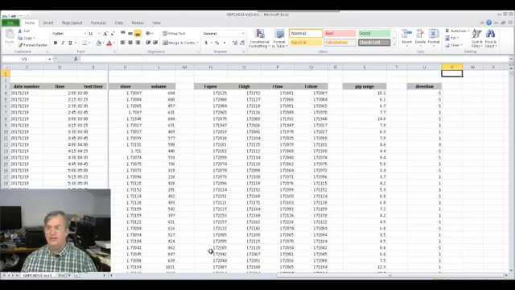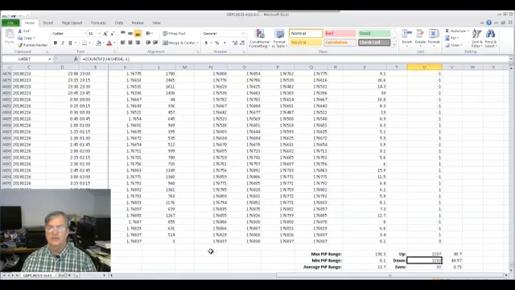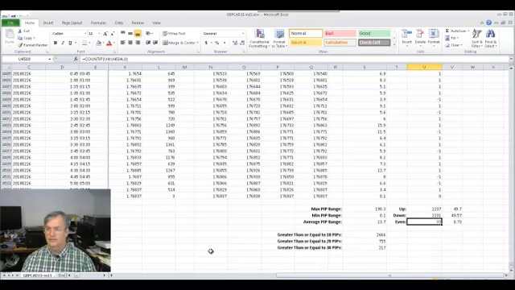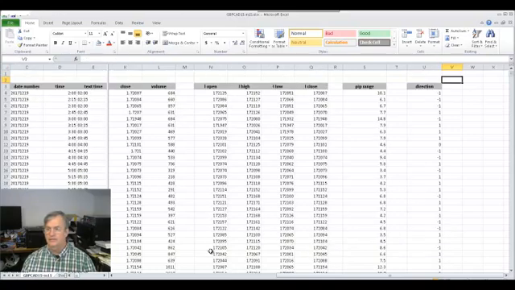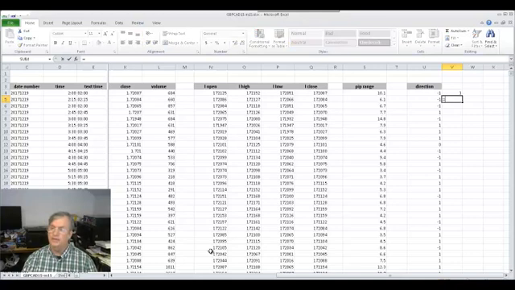Now what we can do is put a 1 there, and now I'm going to do equals if this candle is equal to the previous candle direction.